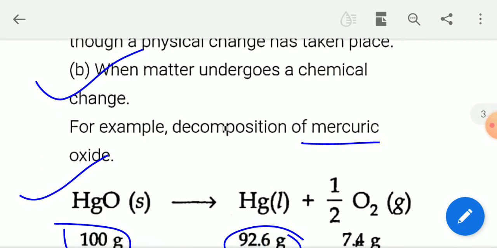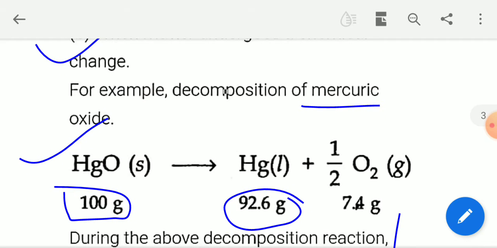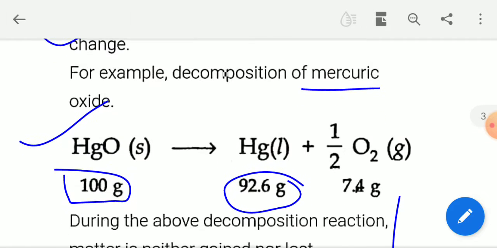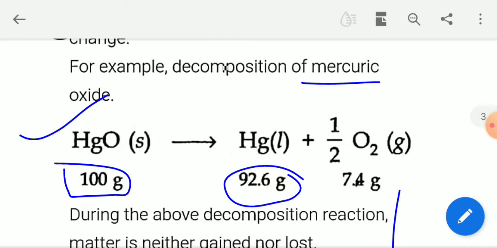And when matter undergoes a chemical change, for example decomposition of mercuric oxide, then in all types of chemical reaction you will see that mass of reactant will be equal to the mass of product. Here HgO, mercuric oxide, is heated and it forms mercury liquid, Hg, and half O2. So total mass of mercuric oxide will be equal to total mass of mercury plus oxygen.